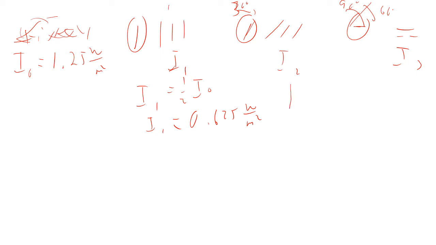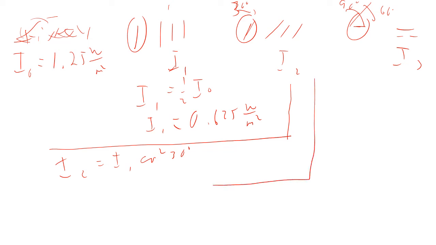Now the question is, what about I2? So I2 is going to be I1 cosine squared of 30 degrees. I1 is 0.625 watts per square meter, so all we have to do is multiply by the cosine of 30 degrees squared, and that comes out to be 0.469 watts per square meter.